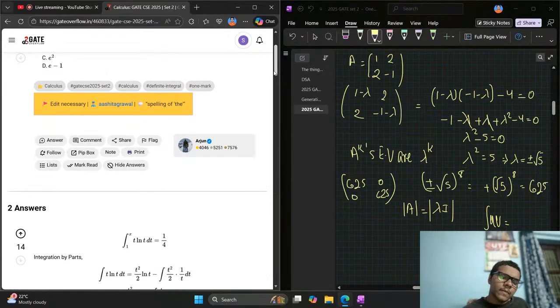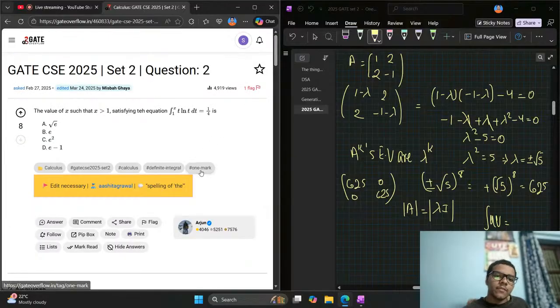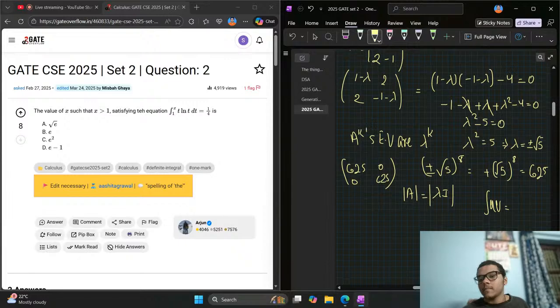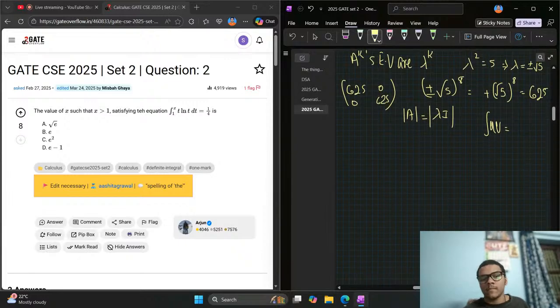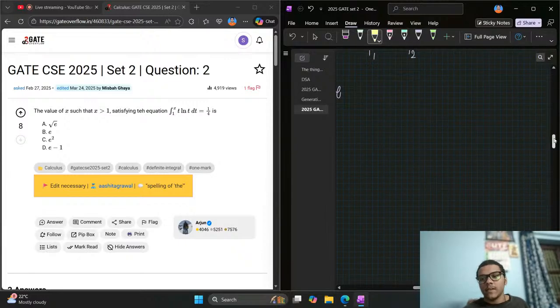This is a problem of calculus, and it is for 1 mark. At least there is no hashtag easy with this one.